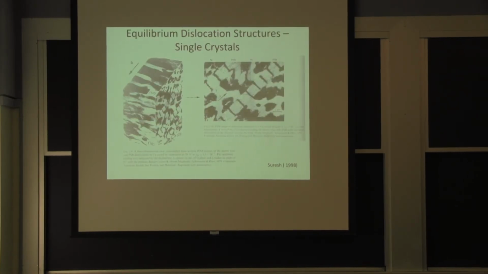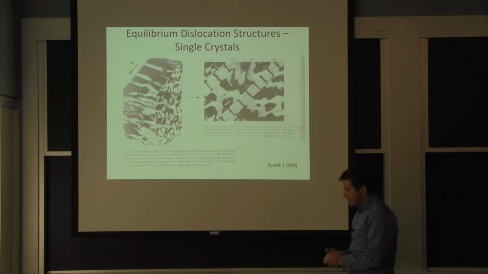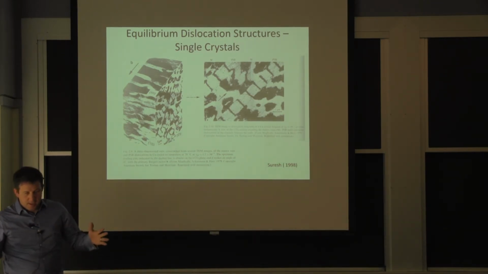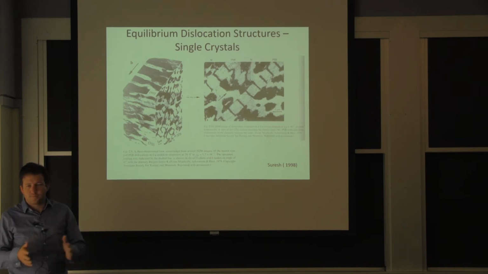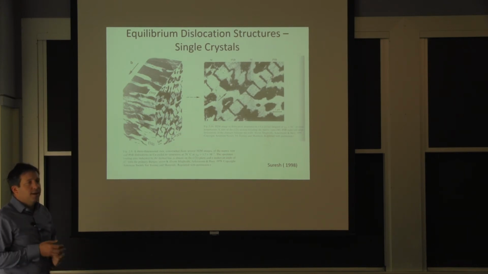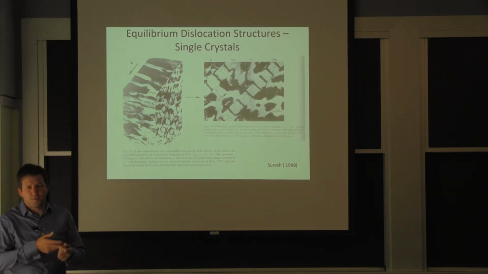Here we're looking at a single crystal. I just really want to make sure we're all convinced that this is happening. It's a single crystal. The only thing that happened to it was deformation, tension, compression with plasticity. Every little interface that you see there is not related to other phases, inclusions, or different grains.